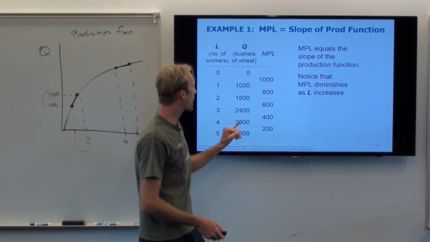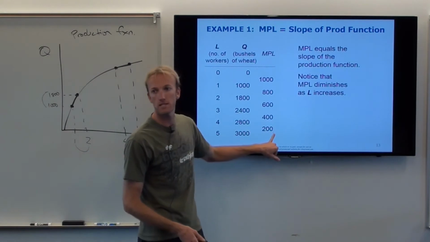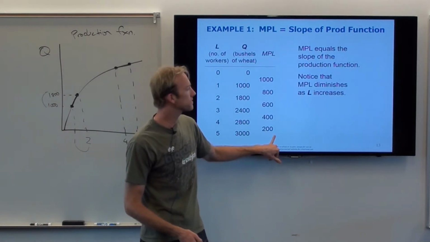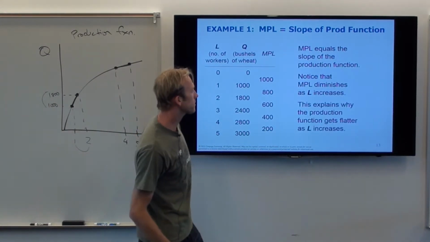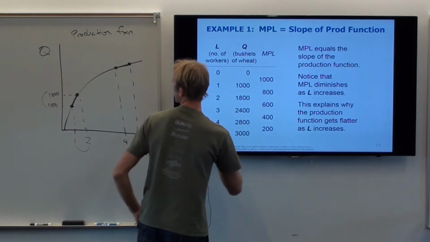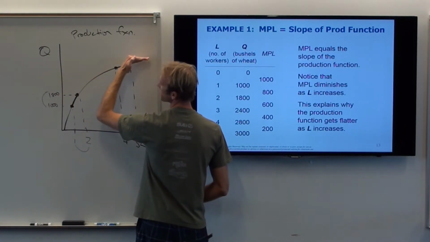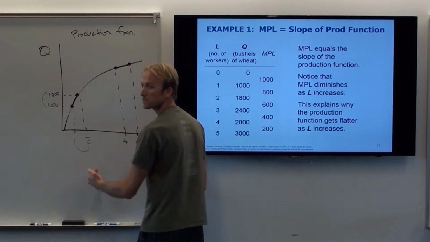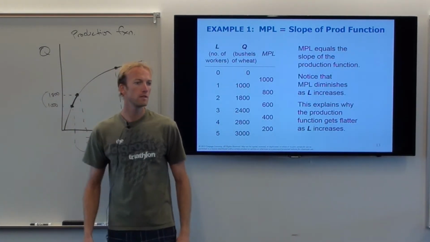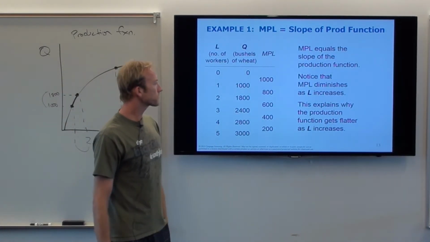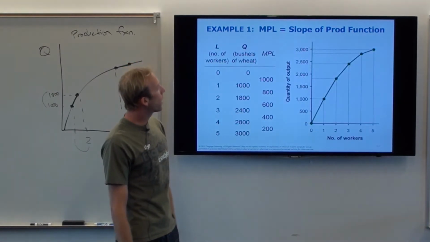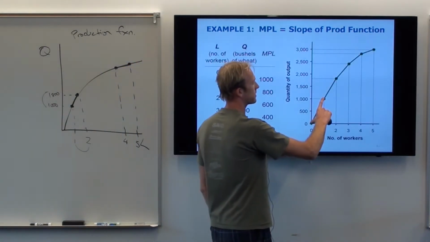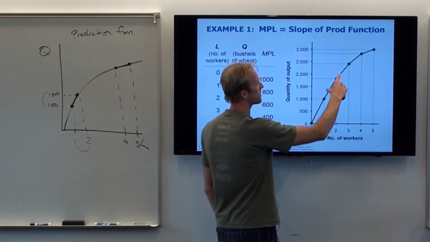That means as you keep adding additional guys, they bring less to the party. Does that make sense? And that's why the production function gets flatter. It has this curved shape. Here's the slope from here to here, the slope from there to there.